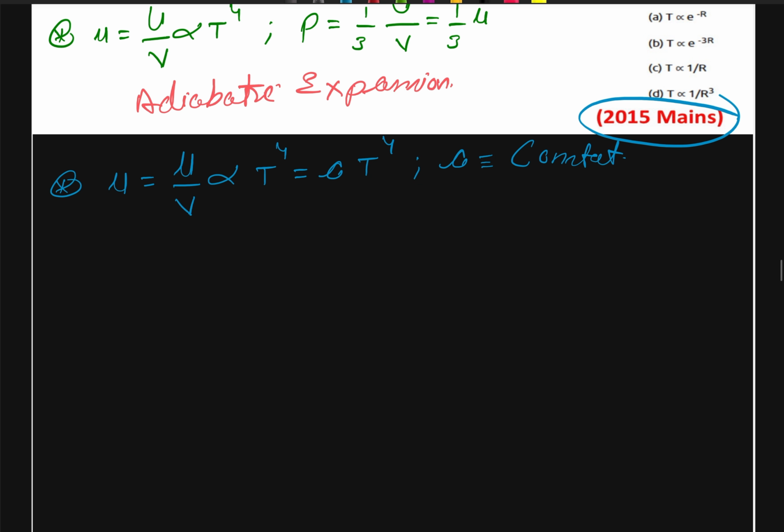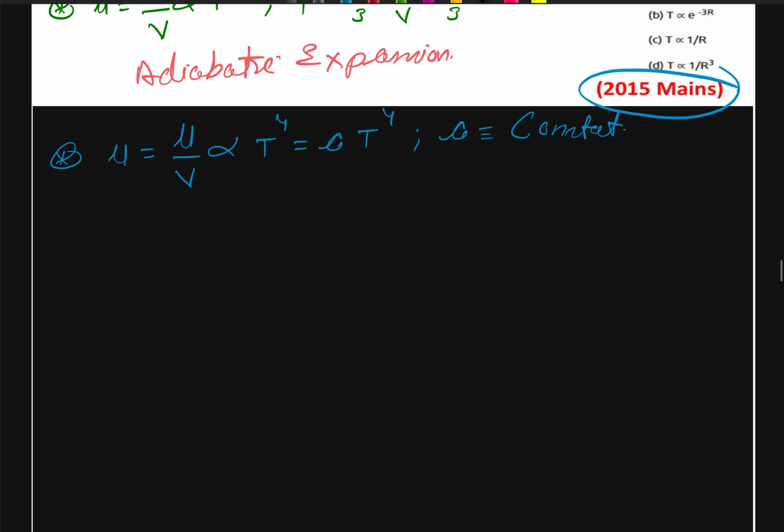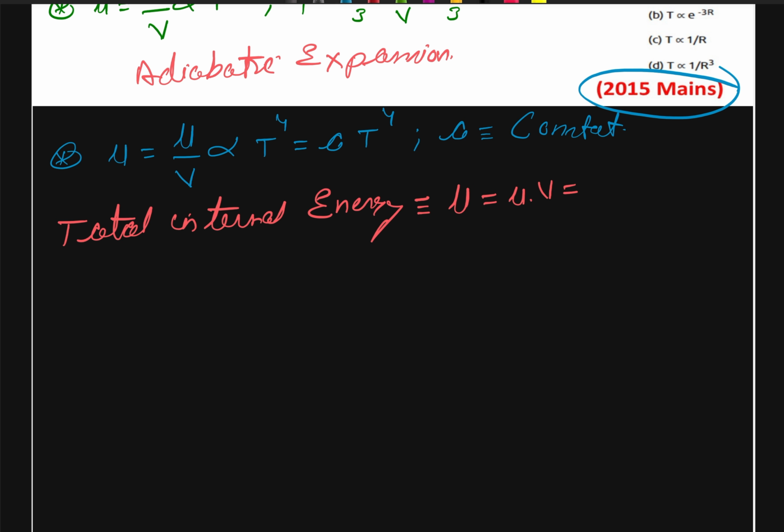Therefore, our total internal energy, capital U, will be equal to small u multiplied by volume, which comes as A T raised to power 4 times V, that is volume.